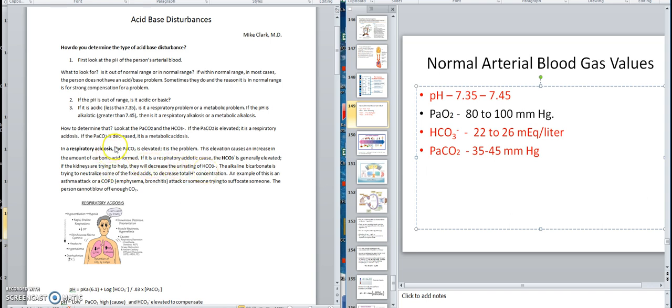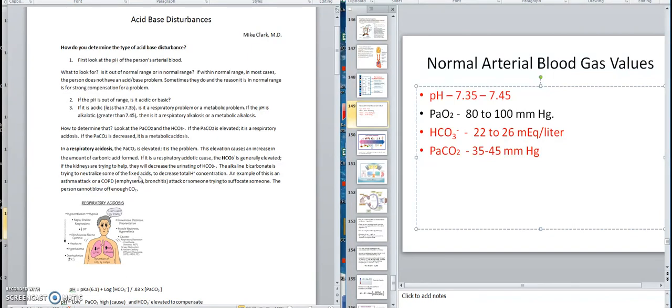So you have an increase in respiratory acid, that's the culprit, but the kidneys are trying to hold on to more base to neutralize it. The alkaline bicarbonate is trying to neutralize some of the fixed acids. You can't really neutralize the CO2, so you're neutralizing the fixed acids.